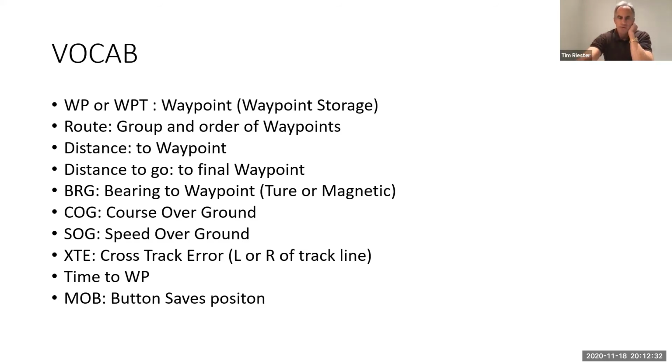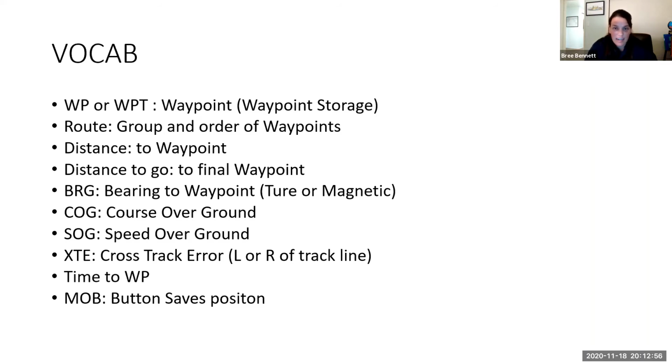Essentially, the waypoint would be on your chart, and you would see 60 degrees towards that waypoint, and you are most likely somewhere along that line, because you want to be headed towards your waypoint. Hopefully you're headed towards your waypoint.